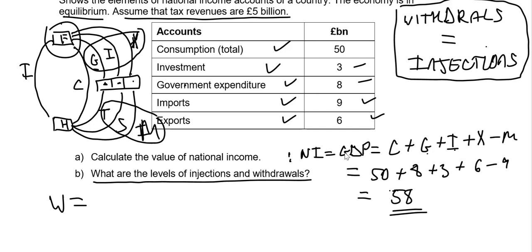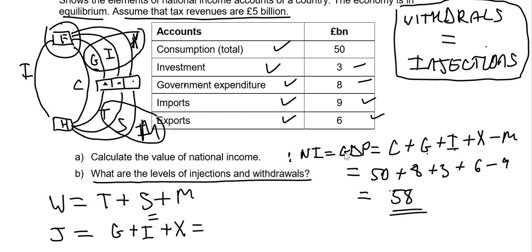Now, withdrawals, then let's sum them up. The level of withdrawals is tax plus savings plus imports. Now if you notice here, we don't have the value of savings. So we need to calculate injections. Injections are usually denoted as J. These are G plus I, investment, plus exports.